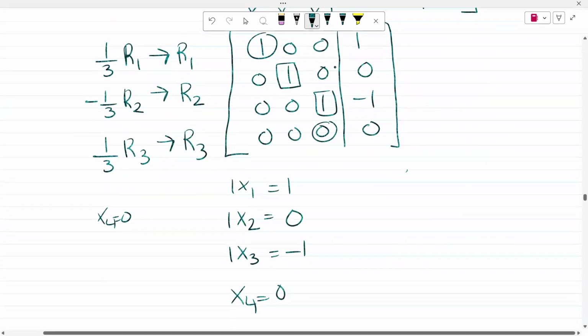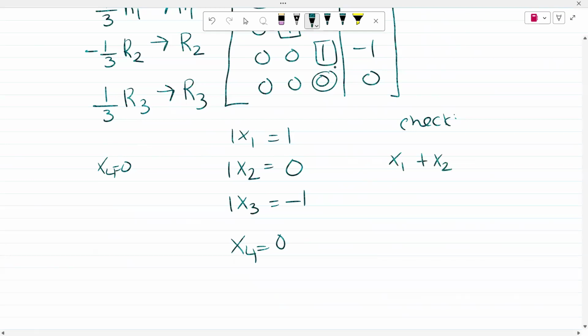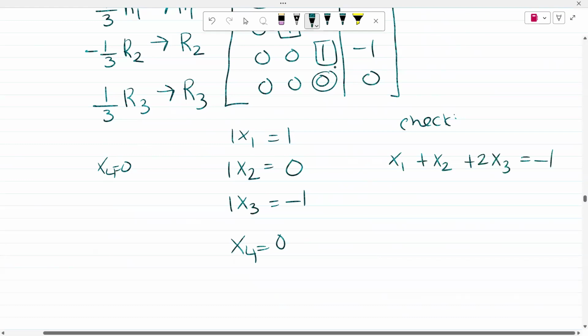Okay. We can check it. So what you would do is put your solutions back into one of the system equations. So one of our system equations was x1 plus x2 plus 2x3 equals -1. Let's see if that's true.